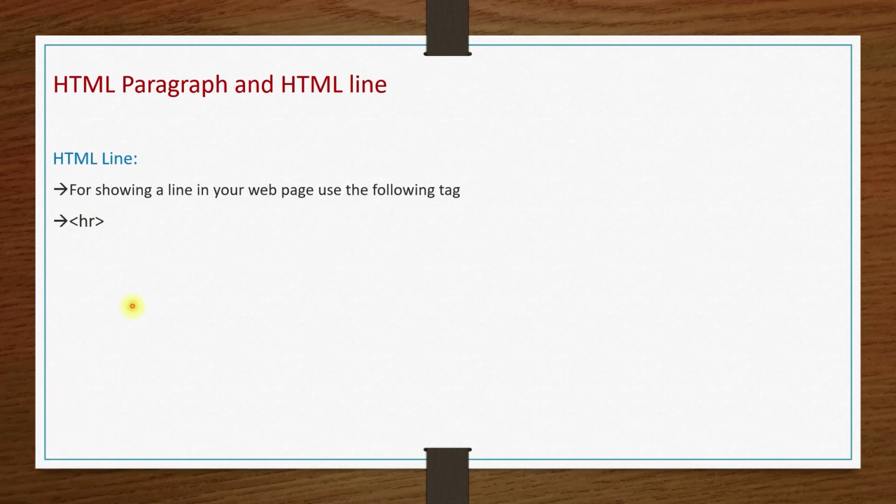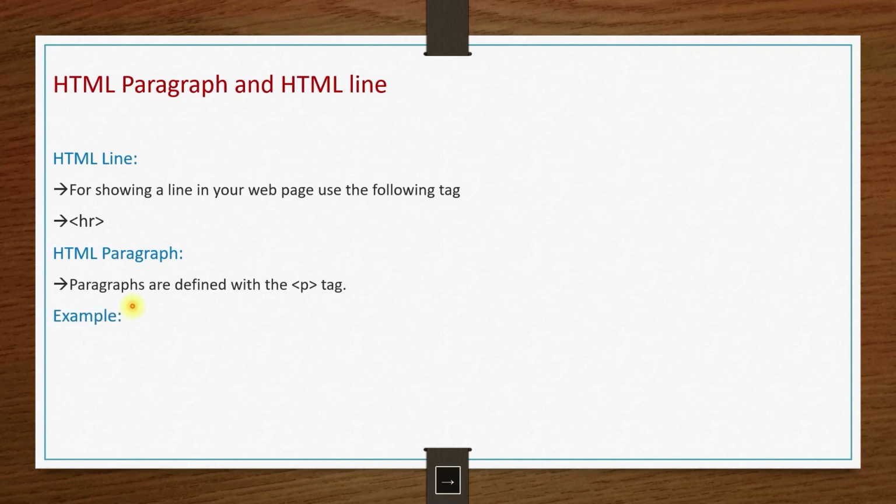And after that we talk about what? HTML paragraph. Look, as I told you before, if you want to make an informative web page or website, in there you have to give detail, you have to give more information, and for giving more information you have to insert paragraphs, and for inserting paragraphs in your web page, you have to use the paragraph tag, which is P. Look, this P tag is a pair tag, and this tag is used for making paragraphs.